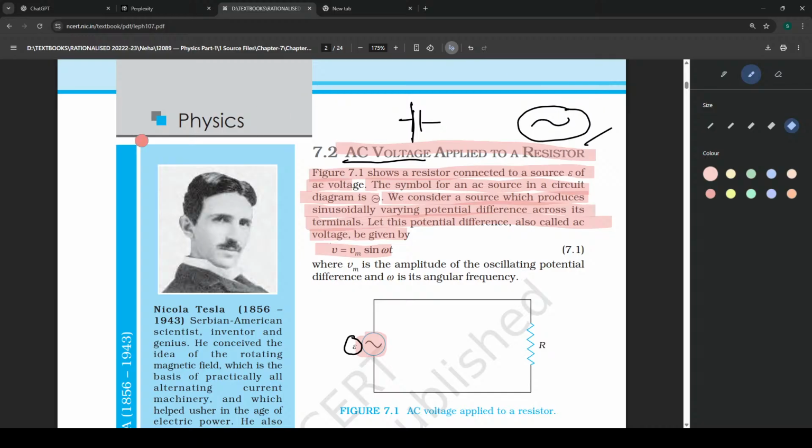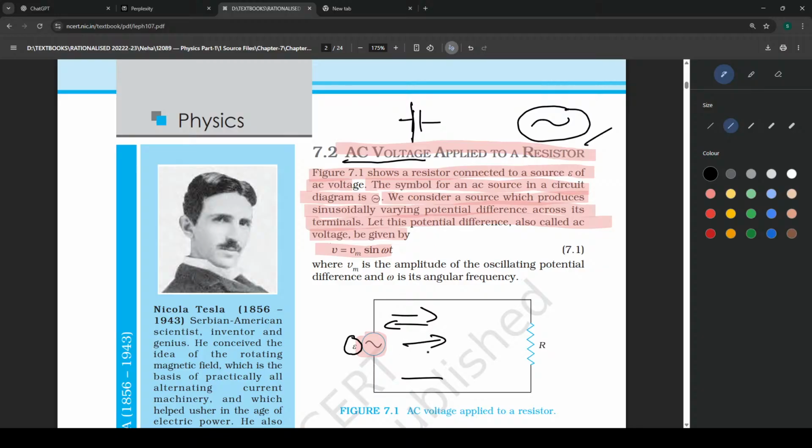As I said, we consider a source which produces a sine function varying potential difference across its terminals. Meaning, if at a certain instant the potential is in this direction, at the next instant it will change and turn into this direction. It will keep on varying.